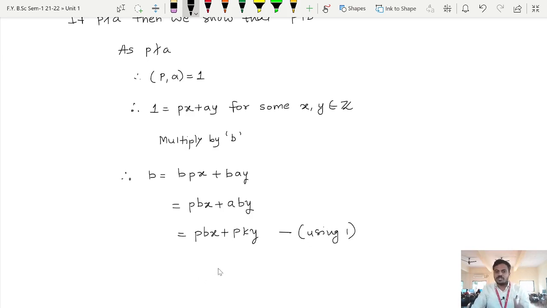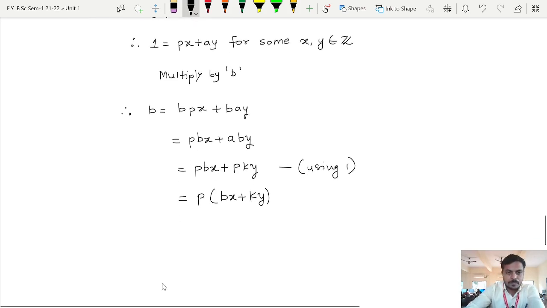Now remember, we wanted to prove that B is equal to P multiplied by some integer, and if you observe the right hand side properly, both the terms contain P, so P can be taken common. So we can write it as P inside the bracket Bx plus ky, and that is exactly what we wanted to prove.